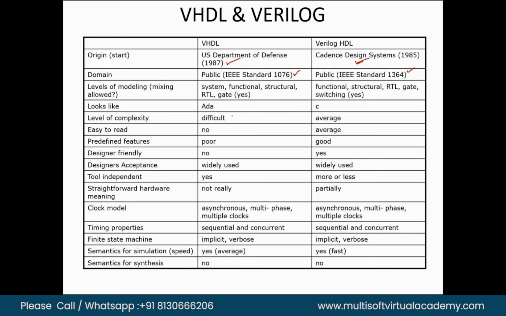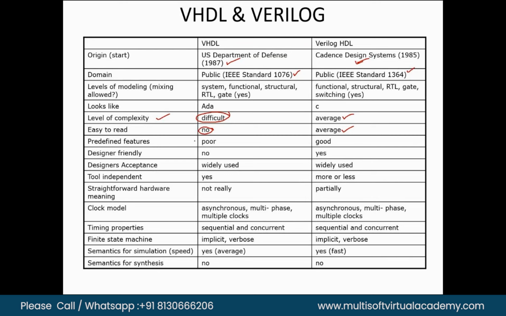On the level of complexity, VHDL is difficult, while Verilog is average and easy to read. VHDL is lengthy, and you need to know the entire structure, only then can you understand the programming flow. But in Verilog, if you know a little bit, you can understand the flow of the program.